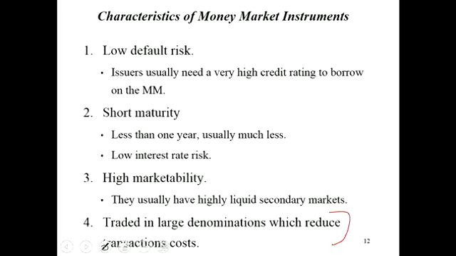Basically what we're looking for in this market is things with as low an amount of risk as possible. Okay? So all of those characteristics are there about having low risk in all aspects of these particular securities.